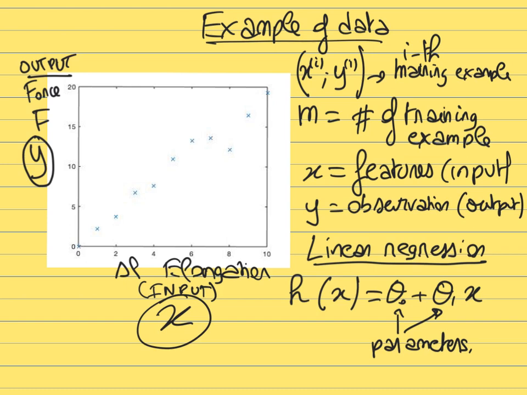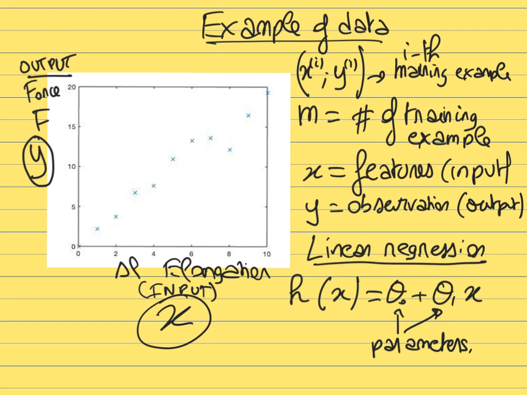The higher theta 1, the higher is the increase of the predicted y value as a function of x, and theta naught is just going to be the value of the hypothesis when x is 0. So when you are at x equals 0, the value of the hypothesis is given by theta naught.